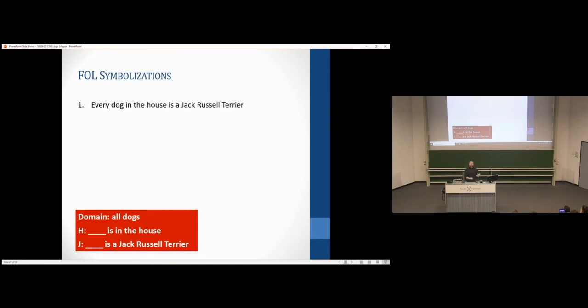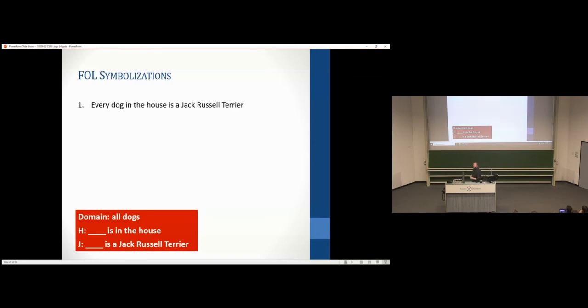It looks like it's definitely going to use our universal, because it's every. But the trick is going to be what goes in the middle. So we know it's going to be the universal, the upside down A. Now what do we think?